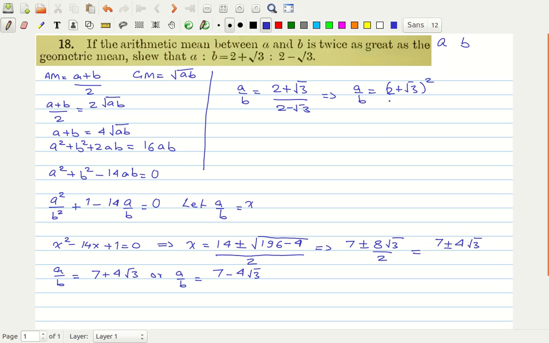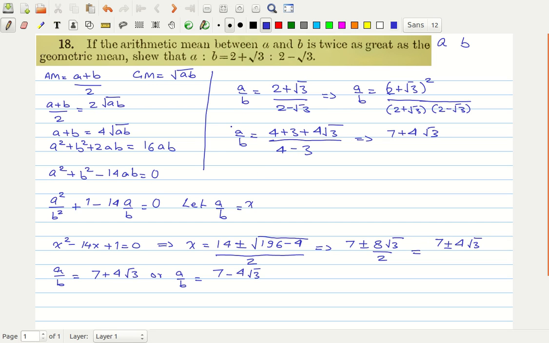So this becomes (2 plus square root 3) square, and (2 plus square root of 3) into (2 minus square root of 3), and after rationalization I get that this value should be equal to 4 plus 3 plus 4 times root 3, divided by 2 square, which is 4, minus square root of 3 square, which is 3, and therefore this will be equal to 7 plus 4 root 3 divided by 1.